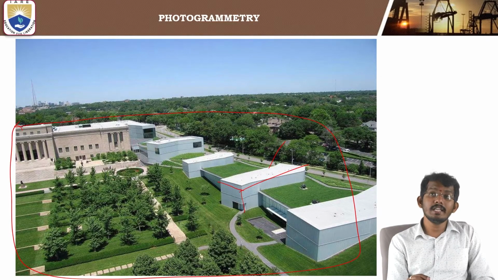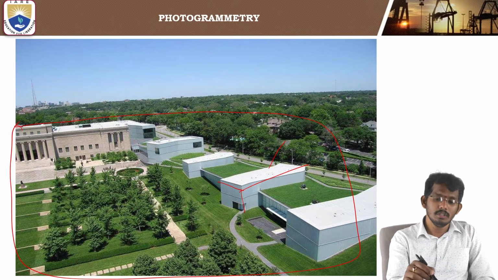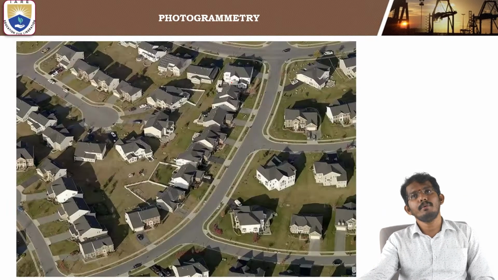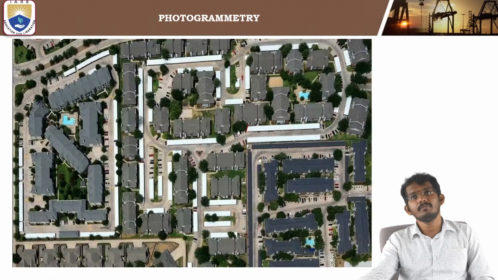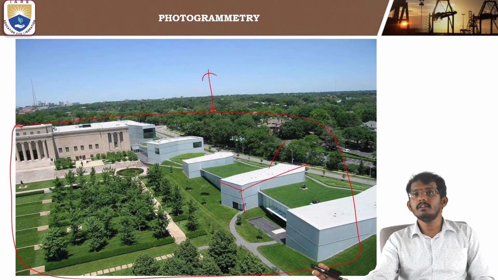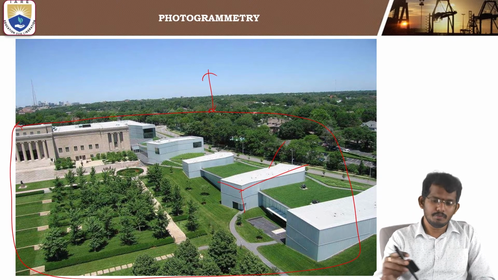We call it high oblique photograph because the sky and the earth can be seen in this picture. Compared to this, the sky is absent. Here also we can see only the top view. The side view is there, but only one section where we have a very high oblique photogrammetry.